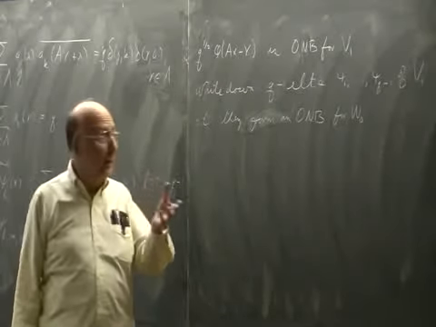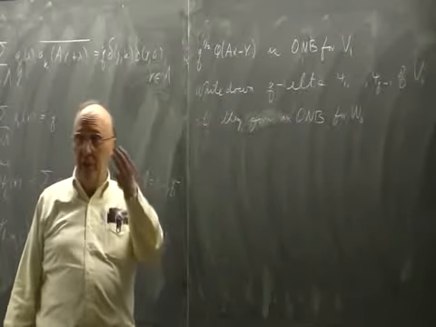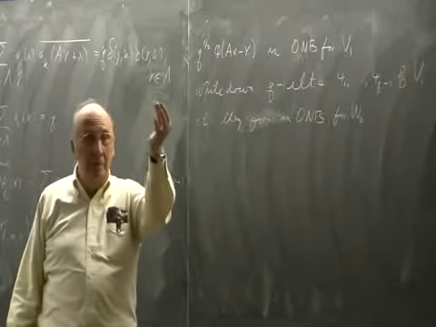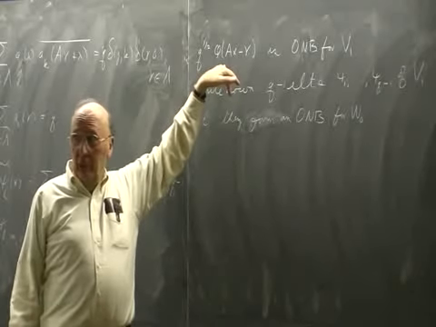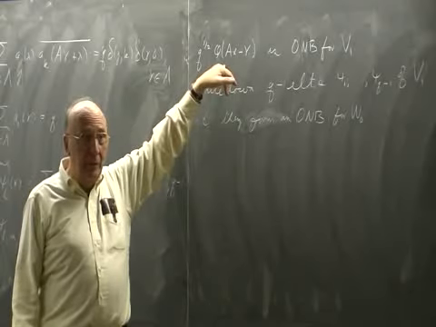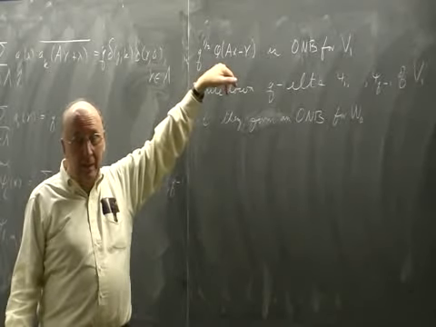Now, how would I go about doing that? The way I go about doing that is to just write down a generic element, psi 1, as a linear combination of these guys from V1.